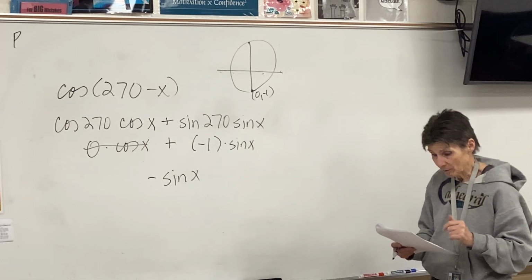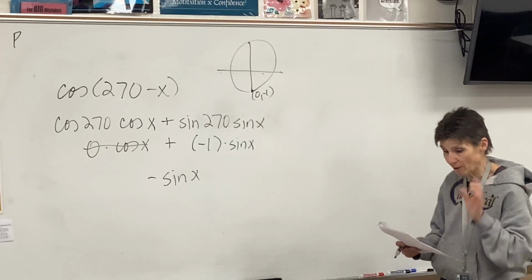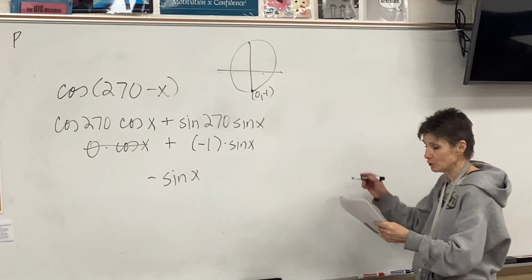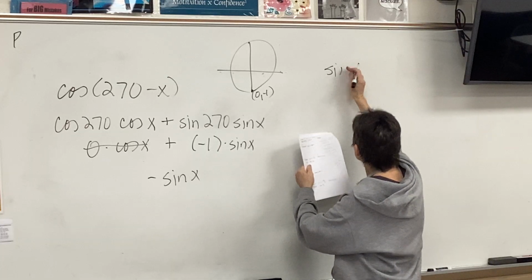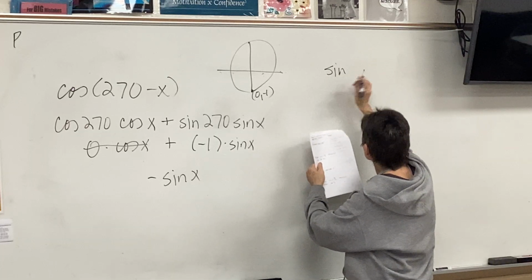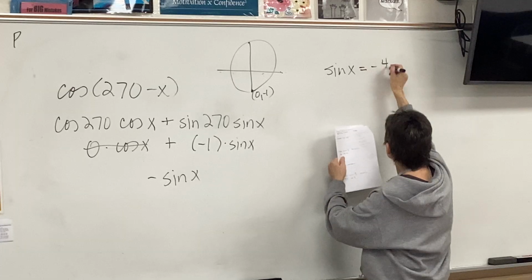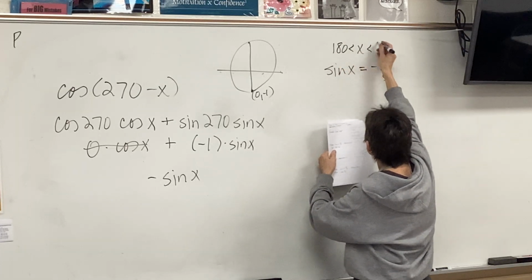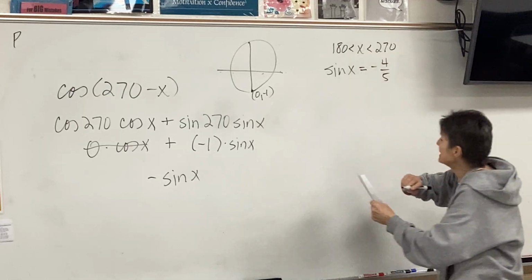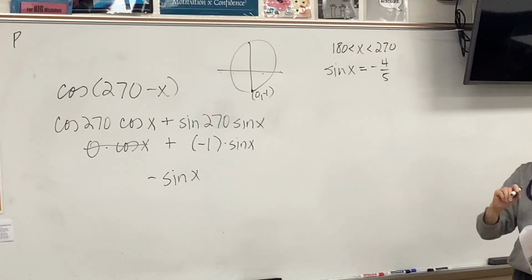Okay, now that was number 1 and 3 we've already done on the back of page 6. Now I'm going to do problem 2. So I am given that sine x is negative 4/5, and I am between 180 and 270.